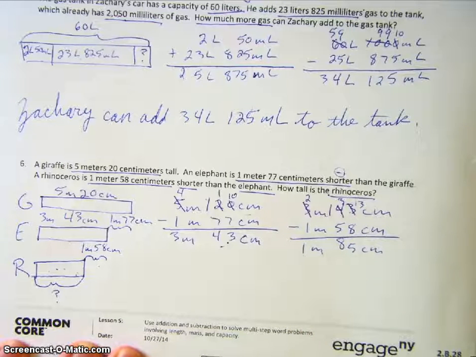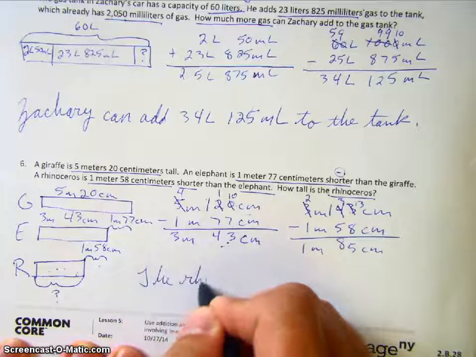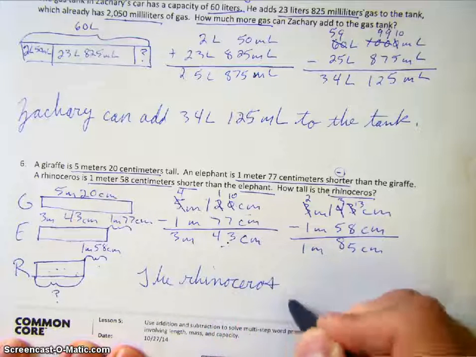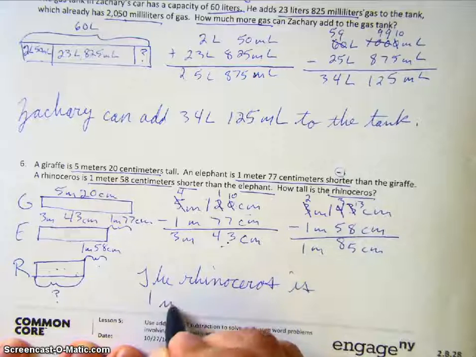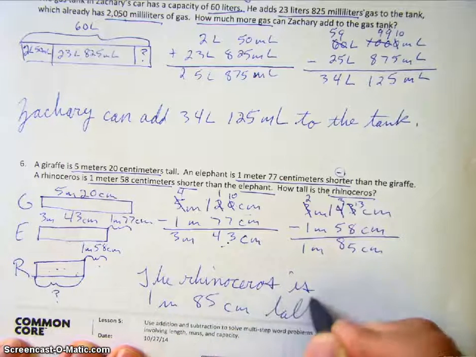And we end up with 1 meter, 85 centimeters. So the rhinoceros is 1 meter, 85 centimeters tall.